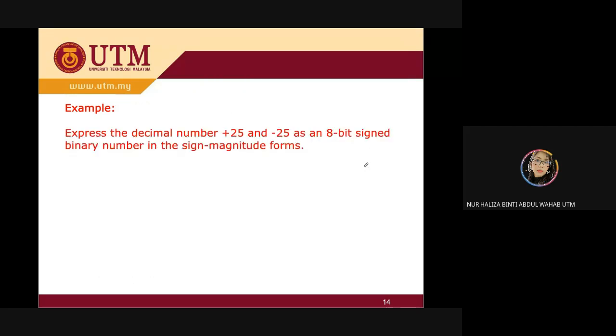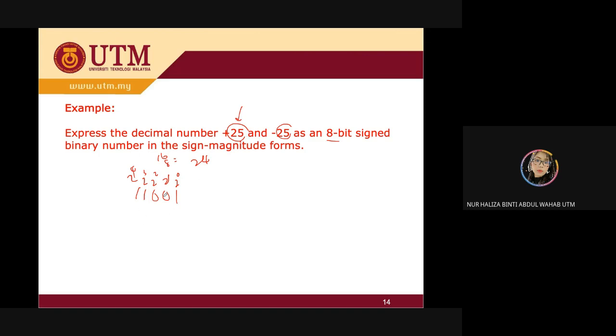Similarly, if you have decimal 25 and negative 25 for 8 bits, let's calculate first. 25 is 16 plus 8, which is 24, plus 1.